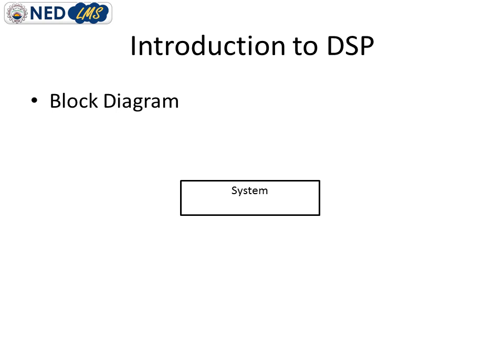This system may be a stable system or an unstable system, a linear system or a non-linear system, or a time variant system. We are not interested in all these properties at this stage.